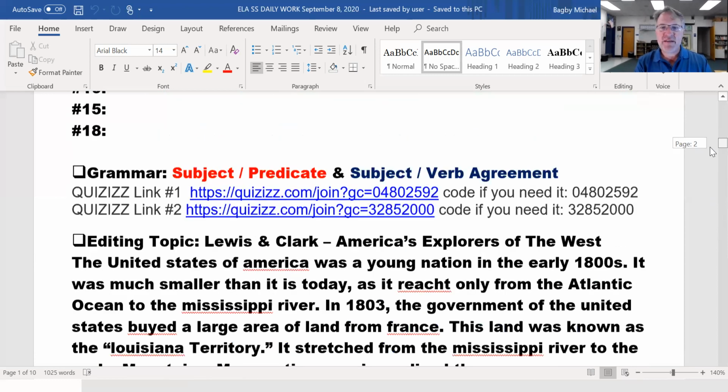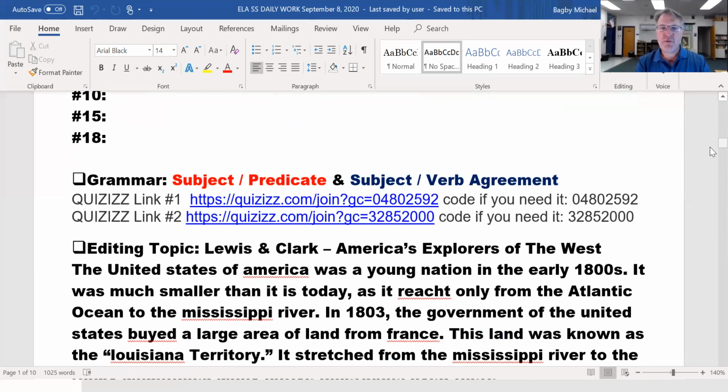We've got a quizzes link today to subjects and predicates. I don't know if Zoom will show you the screen. I don't think so. If this pops up, maybe you can see it. But it should look like this. And I already started this just to make sure it worked. So is that a complete sentence, a fragment?